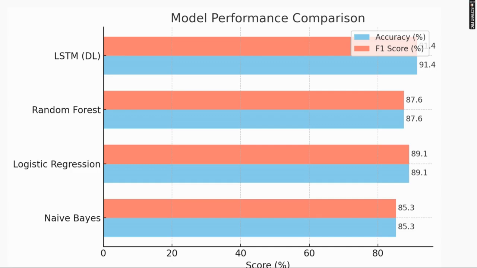Among classical models, logistic regression led with 0.891 F1 score. This shows that while simpler models do well, deep learning captures sequential dependencies better, and in that, LSTM performs the best.